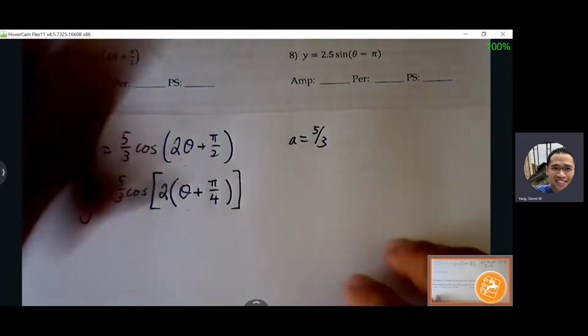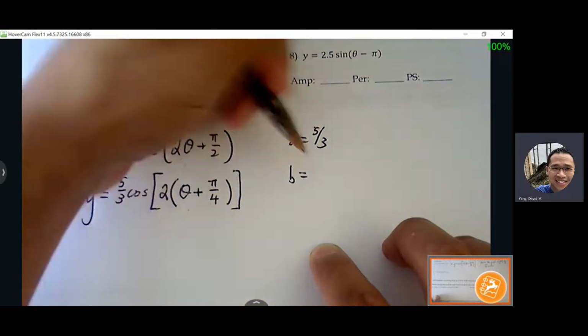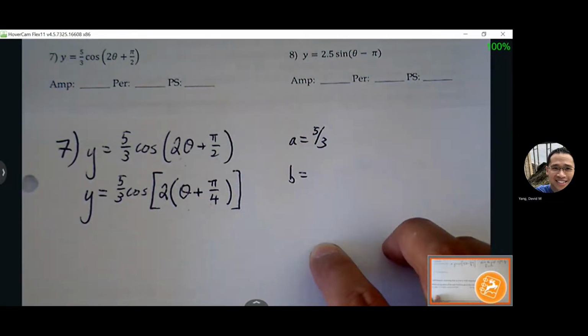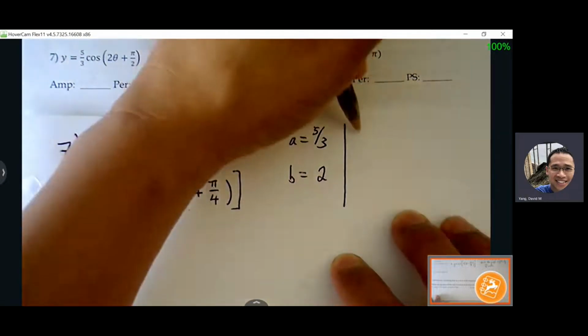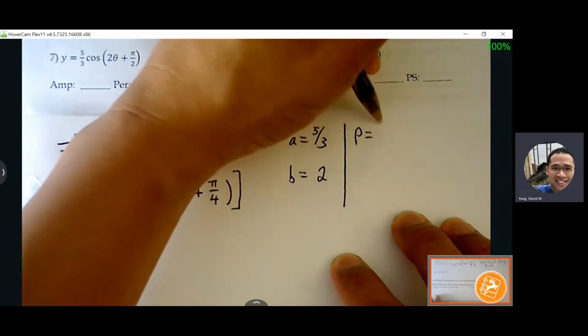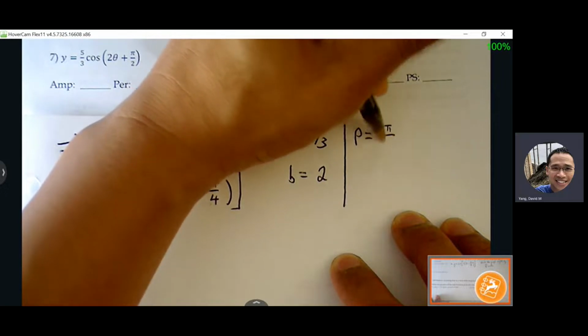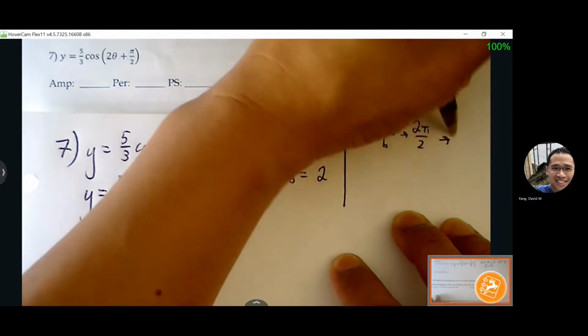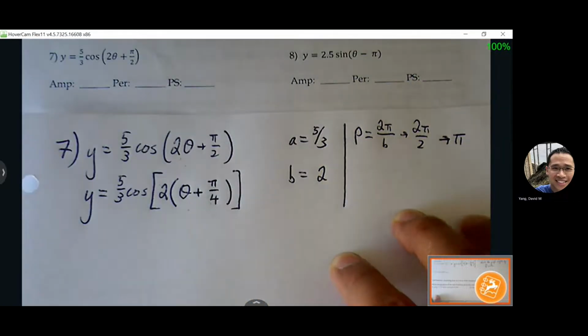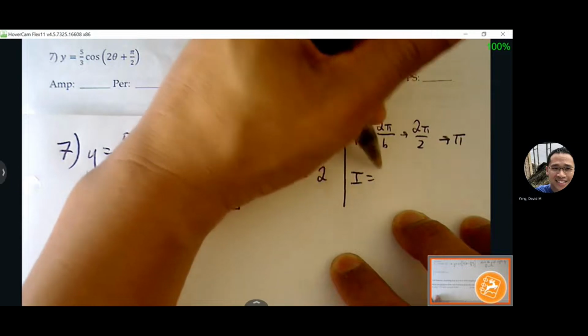A is 5/3. B is what? 2. Okay. And let's go through our process, right? So period is 2 pi over b. Interval.